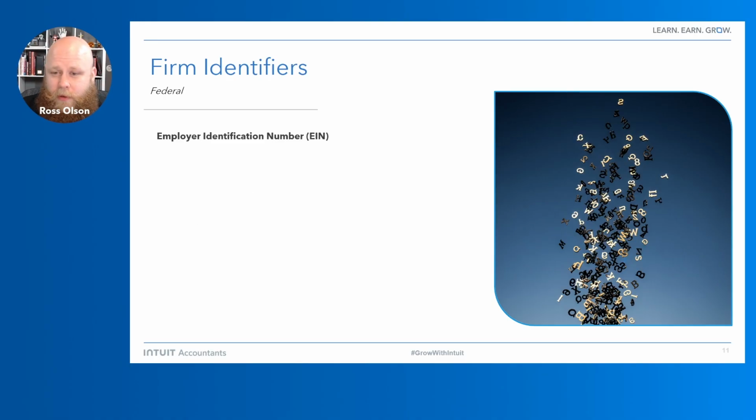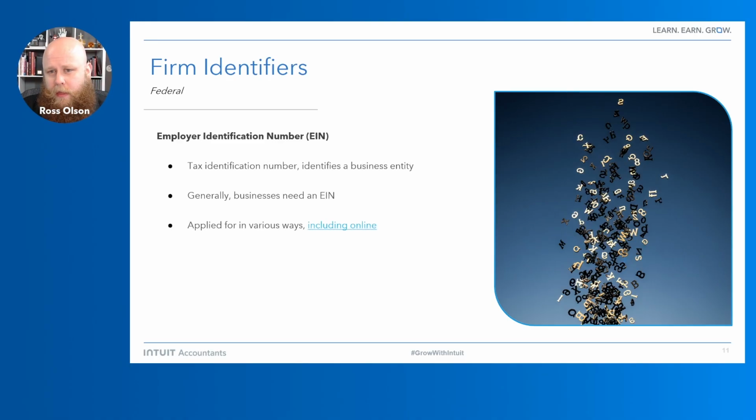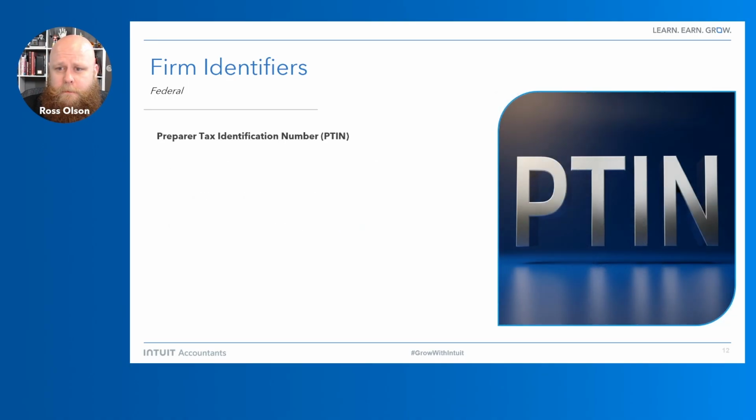Something to be aware of just because it is something that can be entered inside of ProConnect Tax. Now, if you don't have an EIN, it's not necessarily a requirement, but something that you could have associated with your business, if you are operating as a business entity outside of maybe a sole proprietorship.